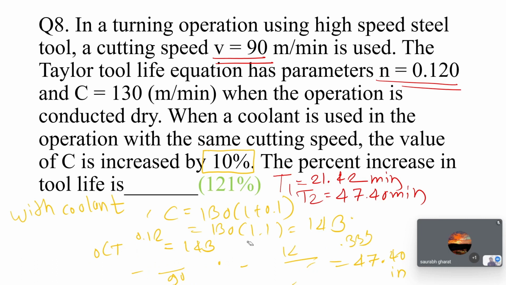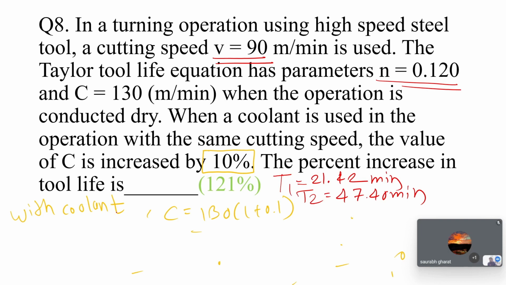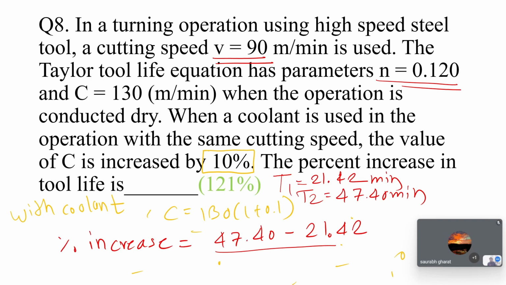So what we have to calculate is the percentage increase. How do we calculate percentage increase? Simply subtract and divide. Percentage increase is 47.40 minus 21.42 divided by 21.42.